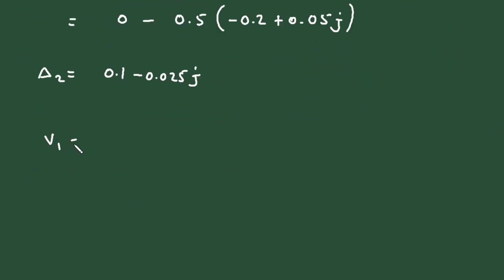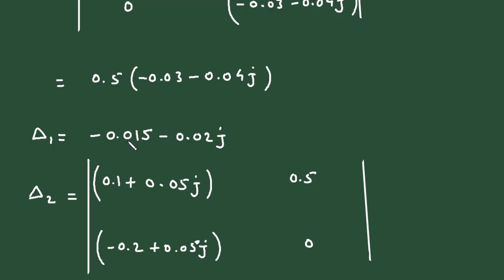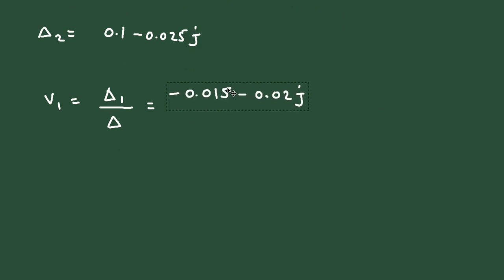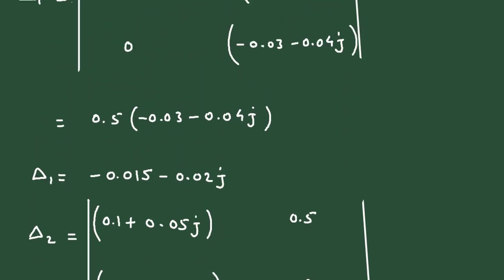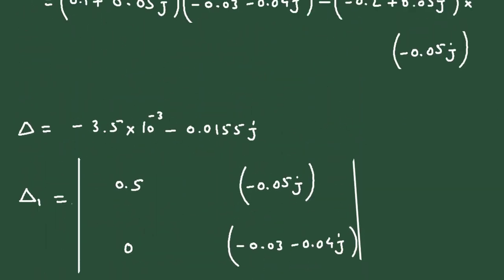So V1 is equal to delta 1 divided by delta. So this is the value of delta 1, divided by the delta value, this is the value of delta.